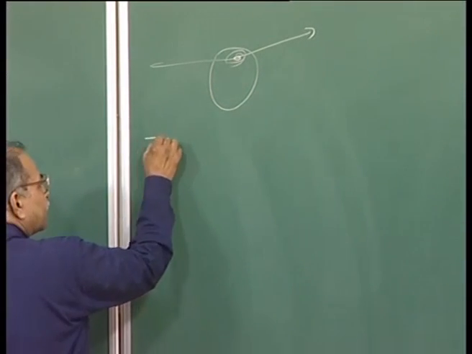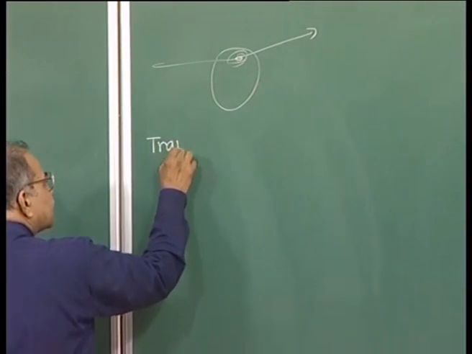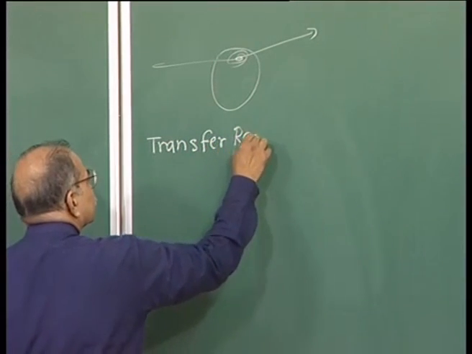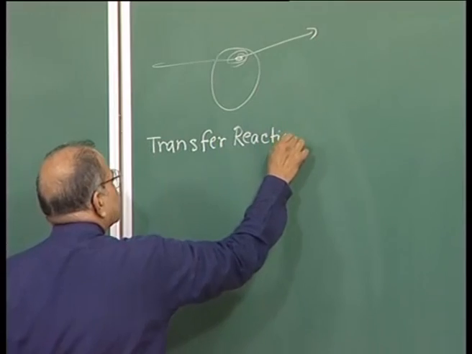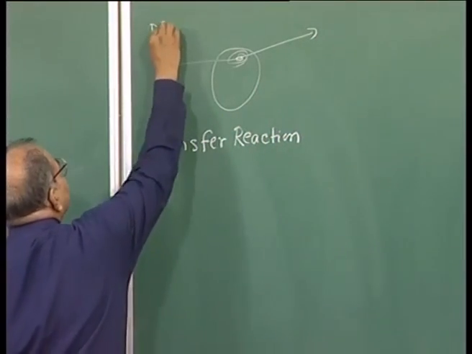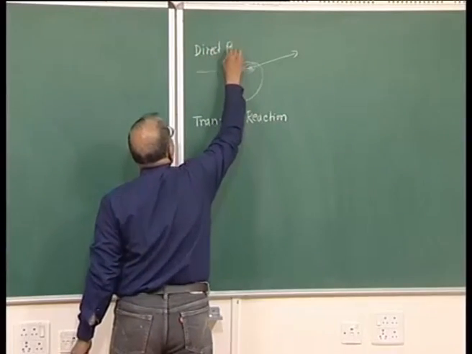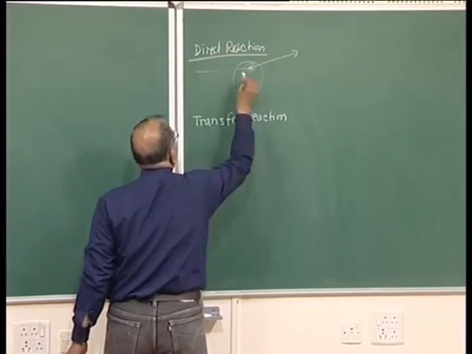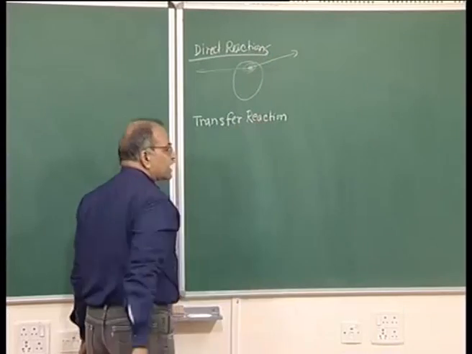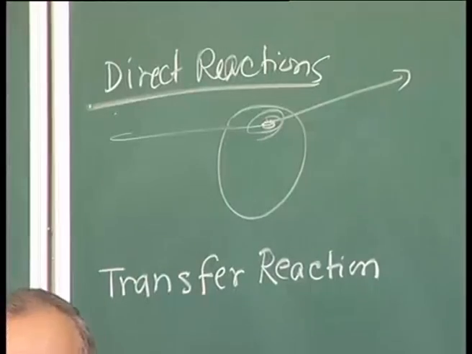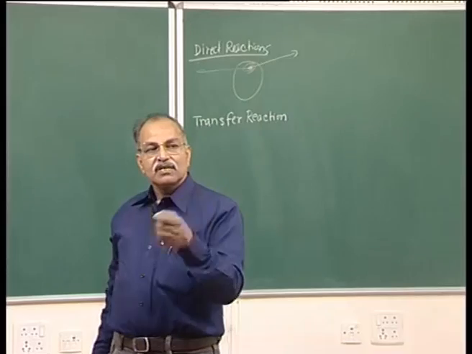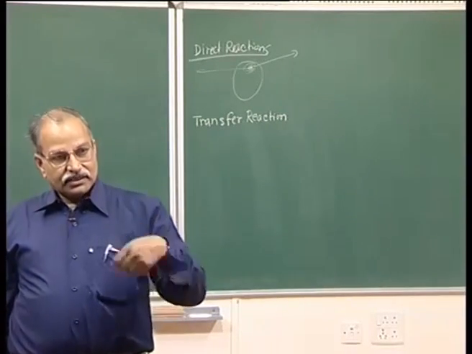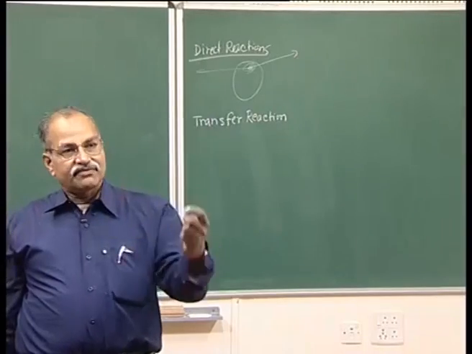Now, one important variety is called the transfer reaction, a type of direct reaction. In a transfer reaction, there is a transfer of a nucleon or more from the incident particle to this target nucleus, or vice versa.